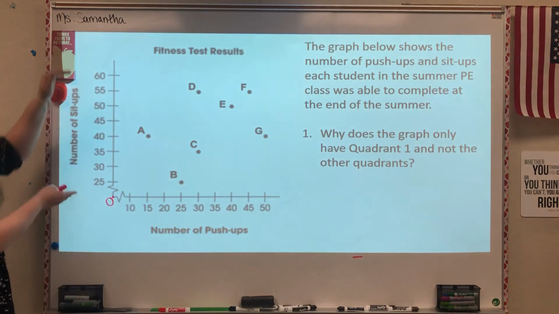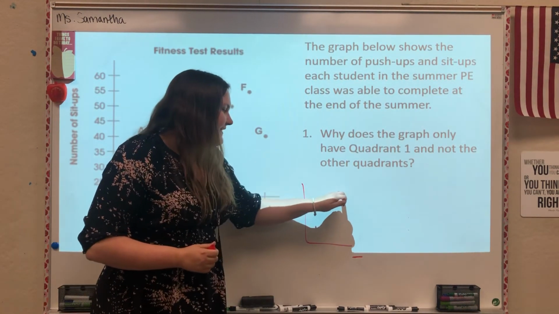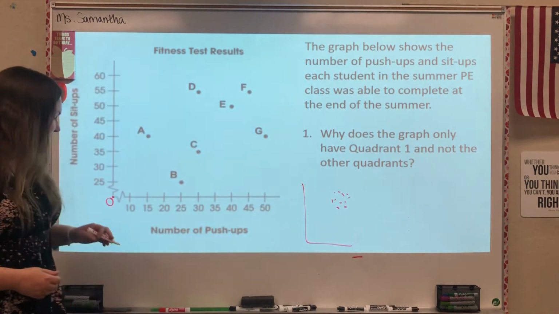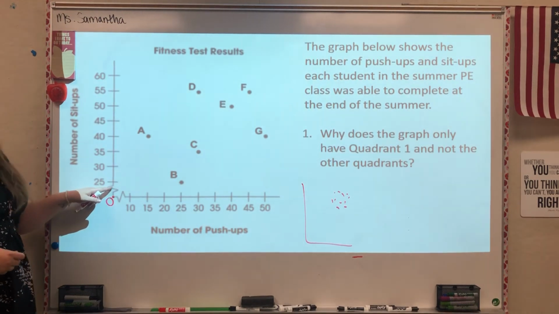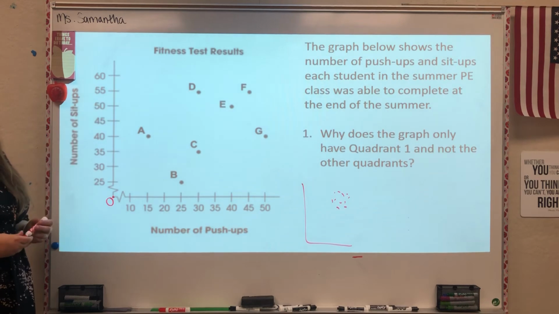So to save space on our graph, and to keep it from being all these little points up here and then nothing in this area, you can use this zigzag line to say, hey, I'm cutting out these numbers. I'll start at 25 and then just count up 5 from there.